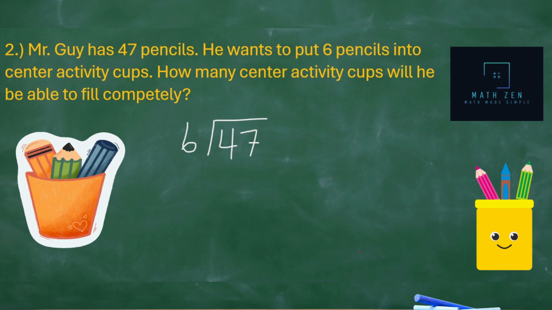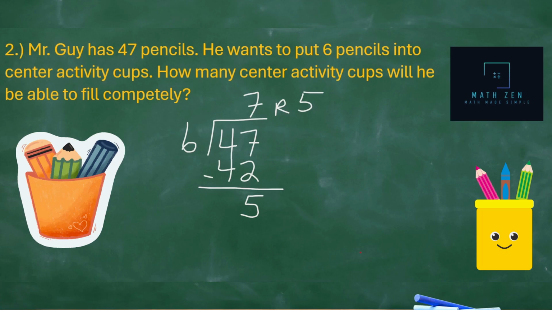If we know our basic multiplication tables, we know that 6 times 7 is going to give us 42, which is almost all of the 47 pencils, and that's going to leave us with a remainder here of 5.